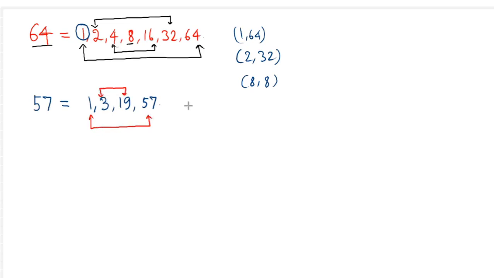So in 2 iterations one can figure out the pairs, and for 64, a maximum of 4 iterations will be required to figure out whether a number is prime or not. Here it will take 1, 64; 2, 32; 4, 16; 8, 8. So a maximum of 4 iterations. Here a maximum of 2 iterations.